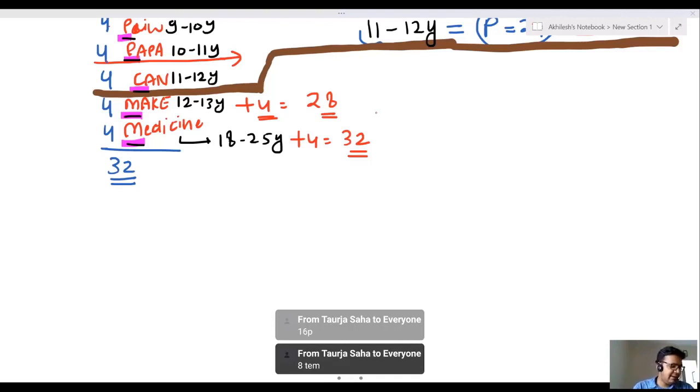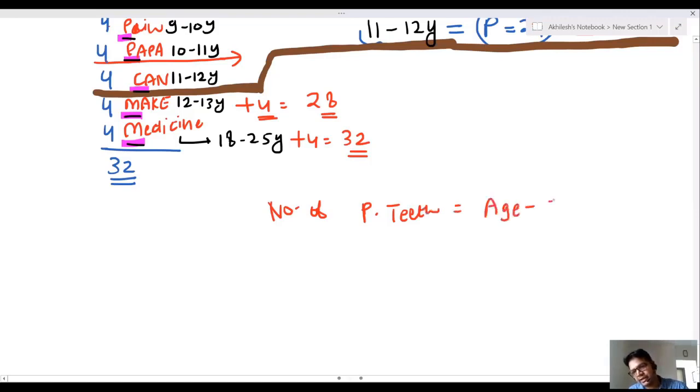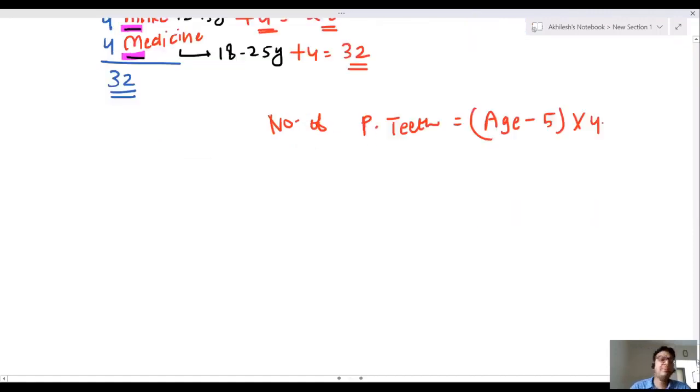And if at any age you want to decide how many permanent teeth we have, there is a formula also. Number of permanent teeth is equal to (age minus 5) into 4. Age in years minus 5.